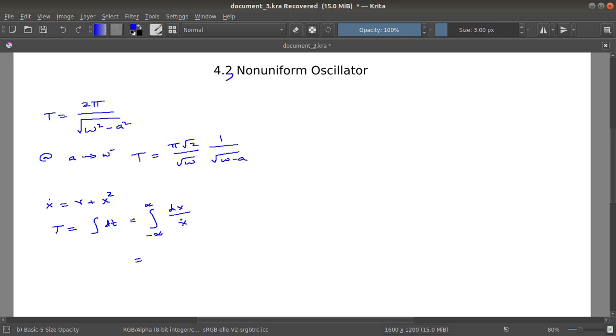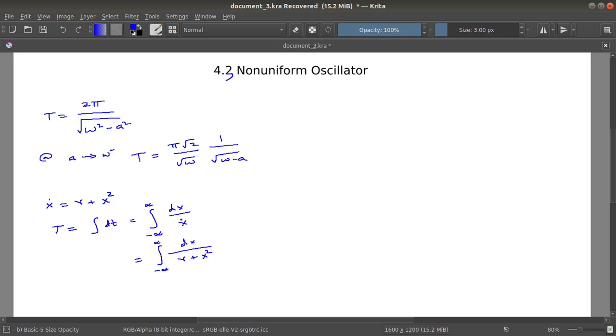If I substitute x dot, I'll get the integral from minus infinity to infinity of dx by r plus x square.